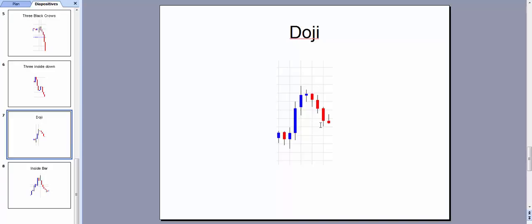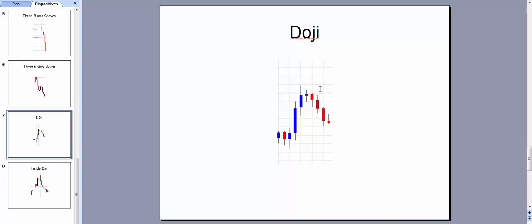They must just be somewhat close to each other. The doji represents the indecisiveness of the market, and it indicates that neither buyers nor sellers are in control. They are confused, 50-50 in controlling the market or the price.